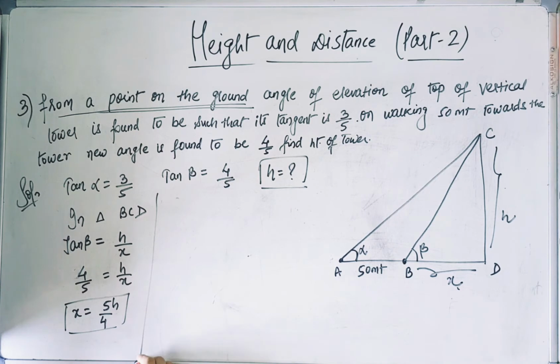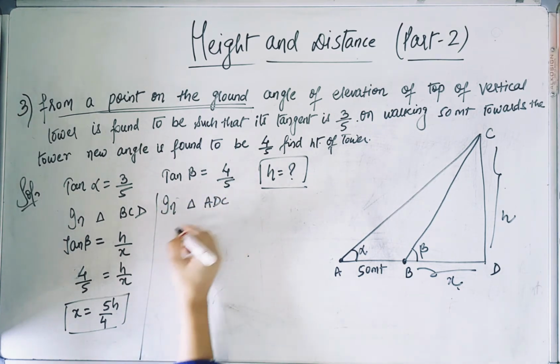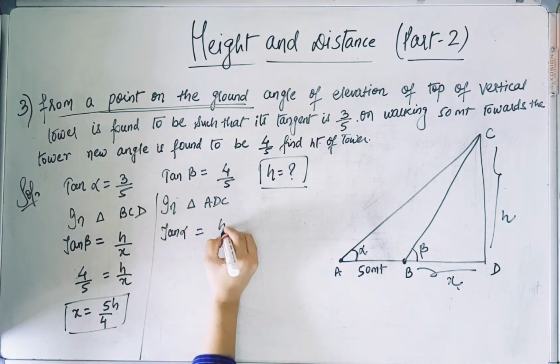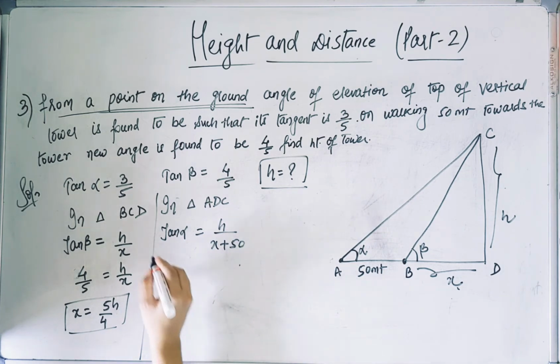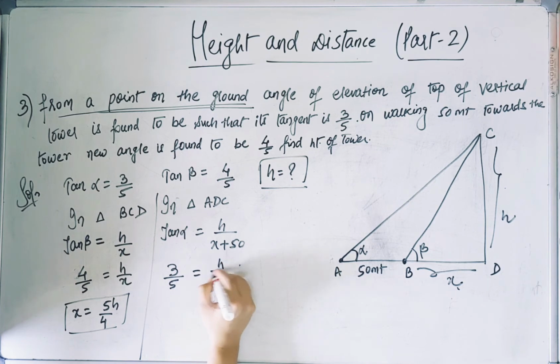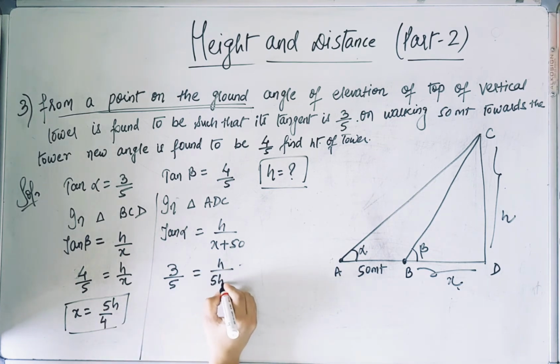Now in a similar manner, in triangle ADC, tan alpha is h by x plus 50. Tan alpha is given to us as 3 by 5. h is h. In place of x, I'll put 5h by 4 plus 50.